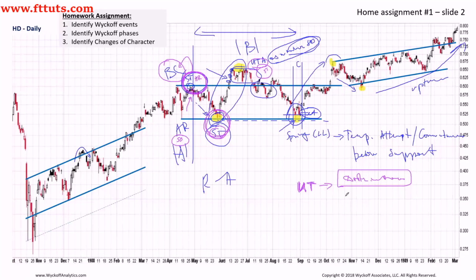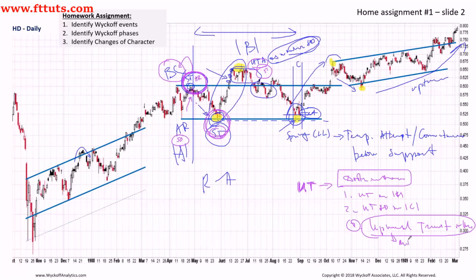So upthrust was associated first with the upthrust in phase B of the distribution, and then upthrust after distribution in phase C. It also was associated with the upward thrust in the uptrend. And we would use this as a momentum tool, where the momentum increases or decreases on the rally.